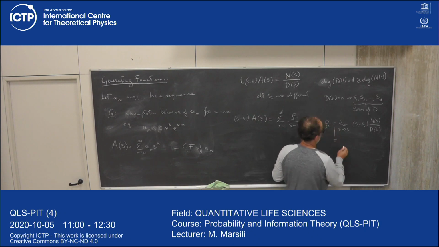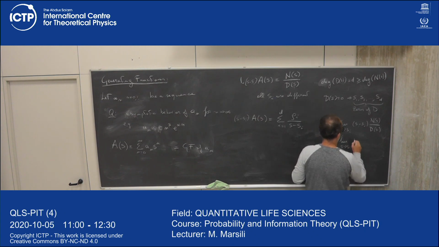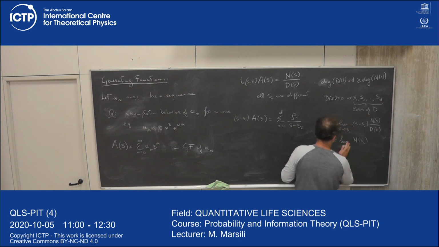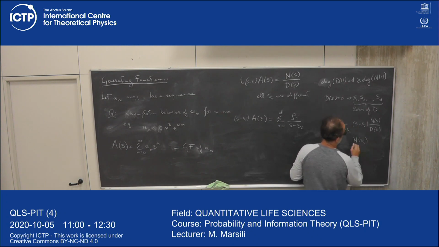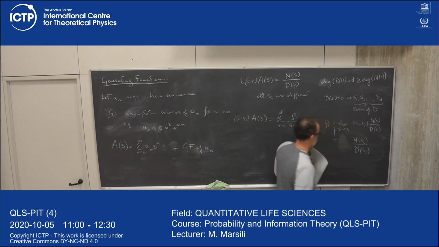So it wants an explicit expression. So this is the limit as s goes to si of n of si actually. So this is without the limit. Because the derivative of this is 1 and the derivative of this is d prime computed in si. Okay.